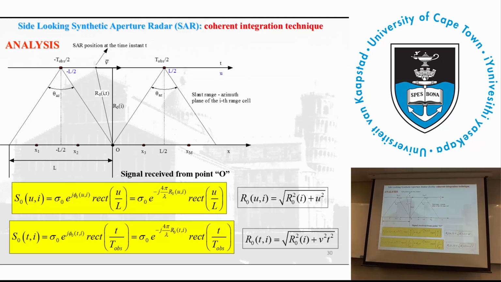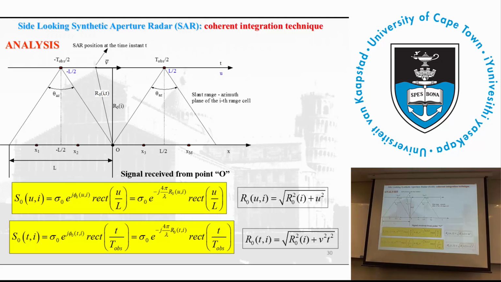So what I have to do is find an expression for this phi 0. But this phi 0 is nothing else but 4 pi divided by lambda times R0 of u and i. R0 of u and i, for any point u, is actually this one.